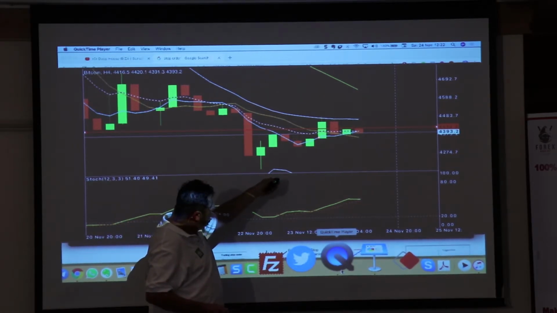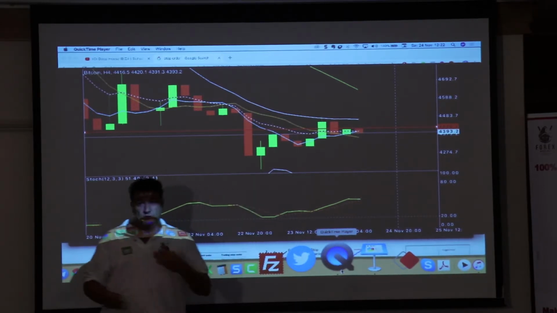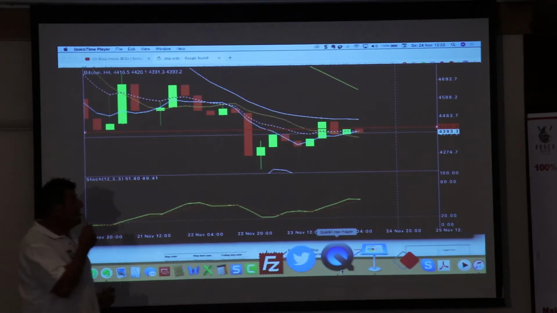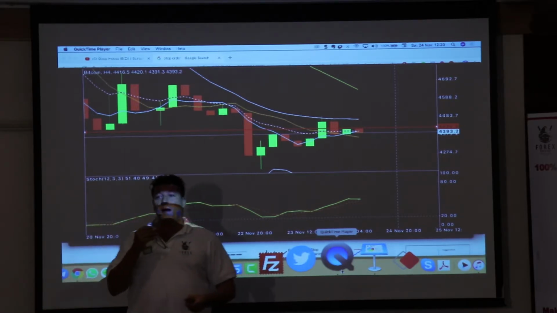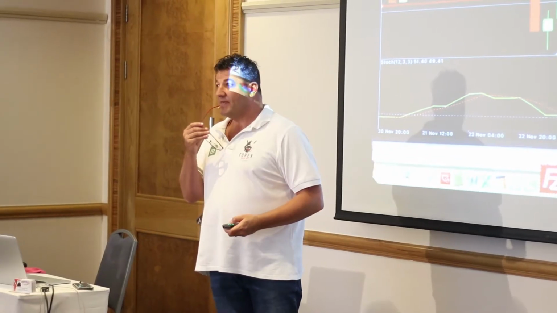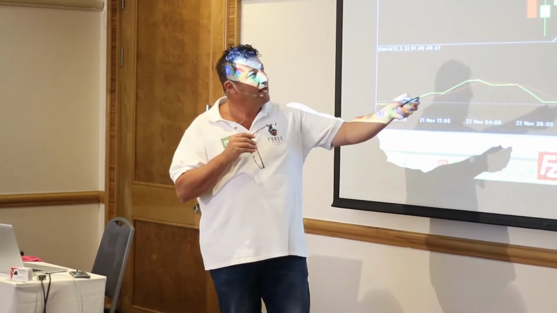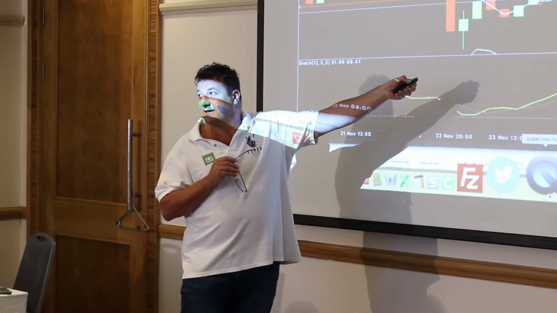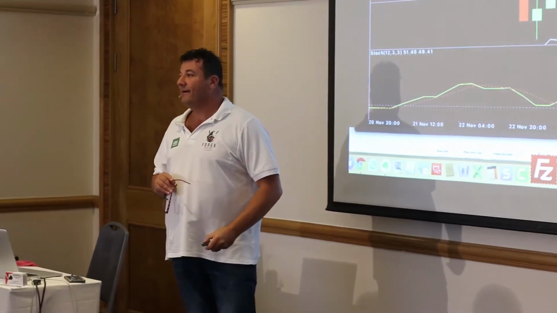The candle goes above the 8 exponential and closes above the 8. So the rule is when the candle closes above the 8 exponential, what do we do? We buy, yeah, if the next candle opened above the 8, but it didn't. This candle opened below the 8, so I didn't buy.